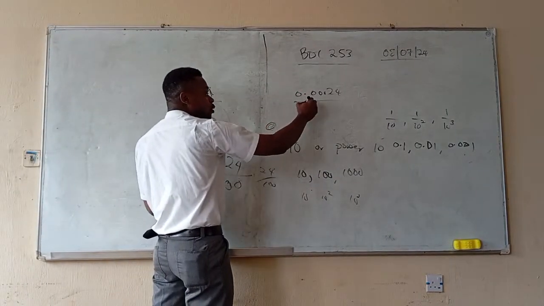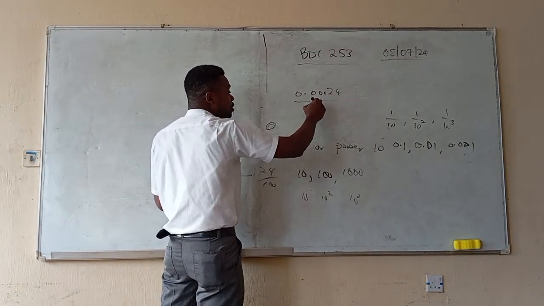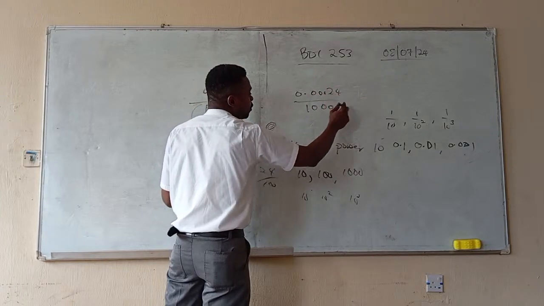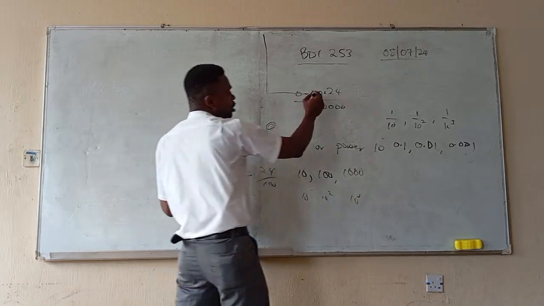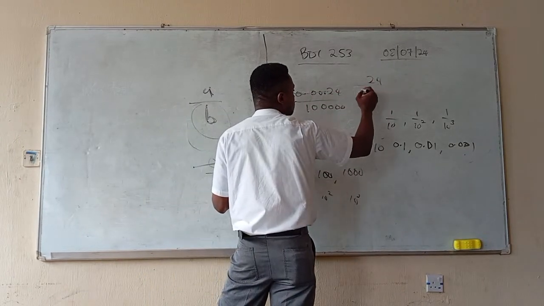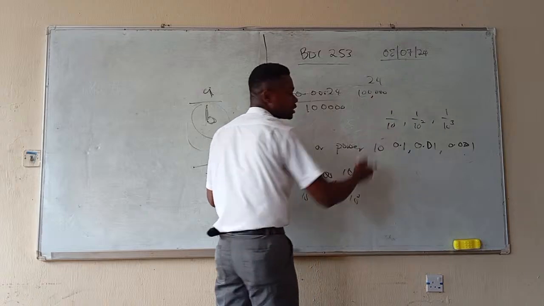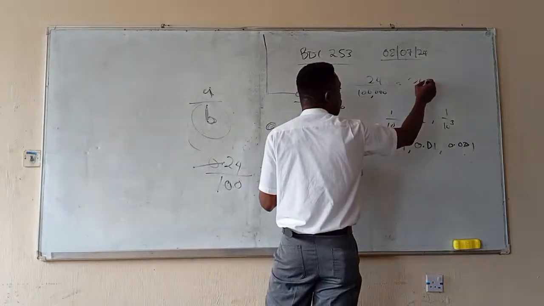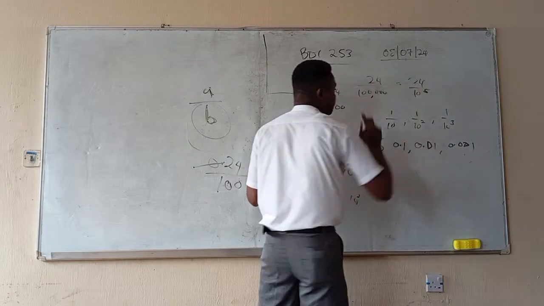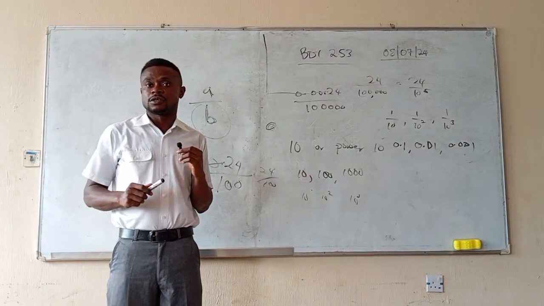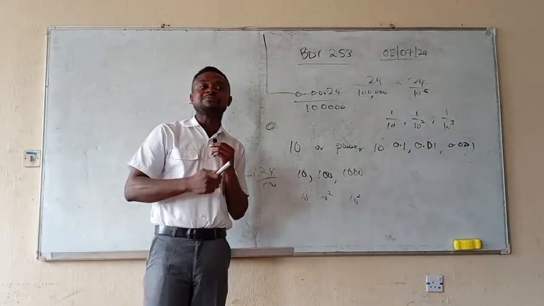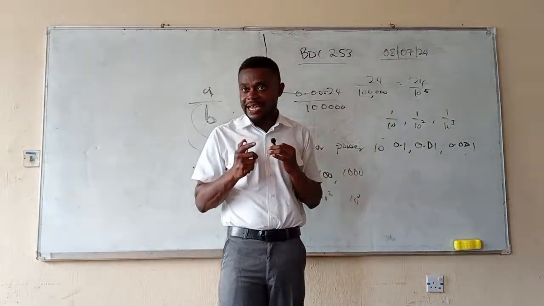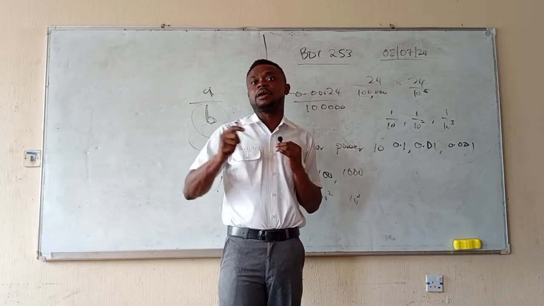You call it decimal point 1, and the other digits go after it. So 0.00024 becomes 24 over 100,000, which is also a power of 10. So for the decimal fraction, first is that the denominator is 10 or any power of 10.